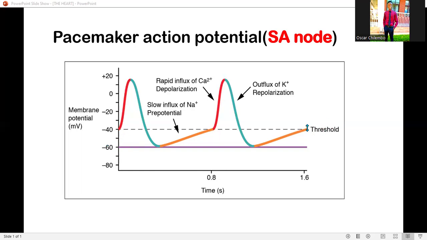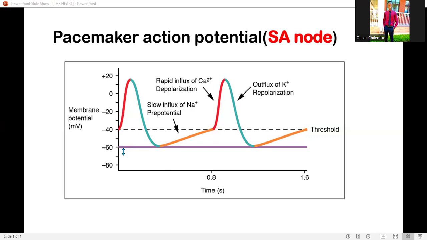You can see the threshold. This line is the threshold. When we reach around negative 40, it means the cell can now cause an overshoot, depolarization, and eventually repolarization.